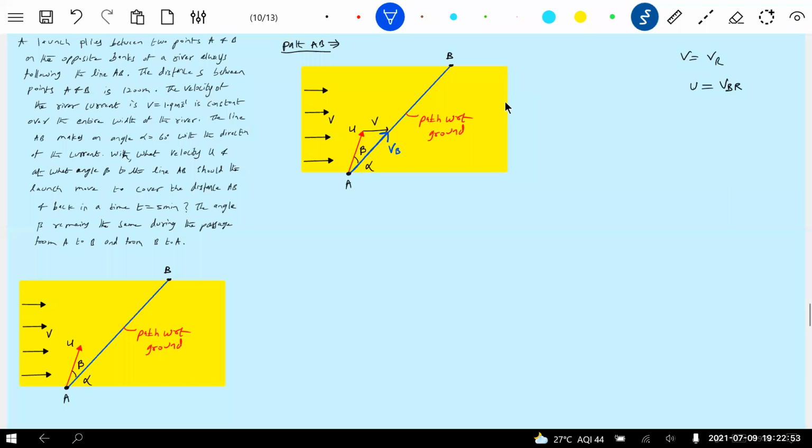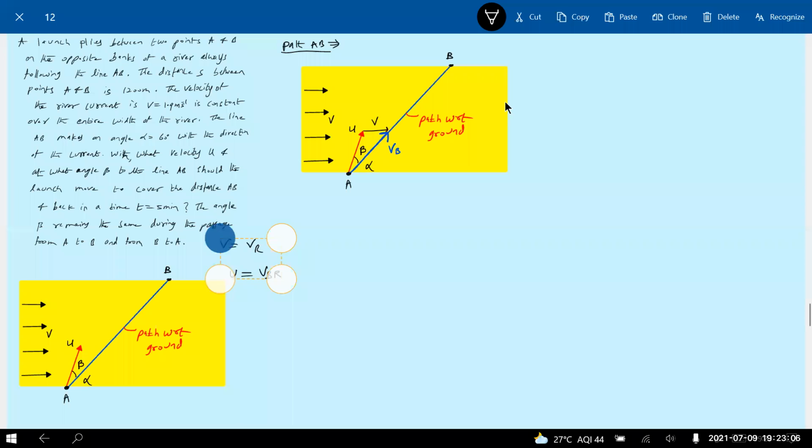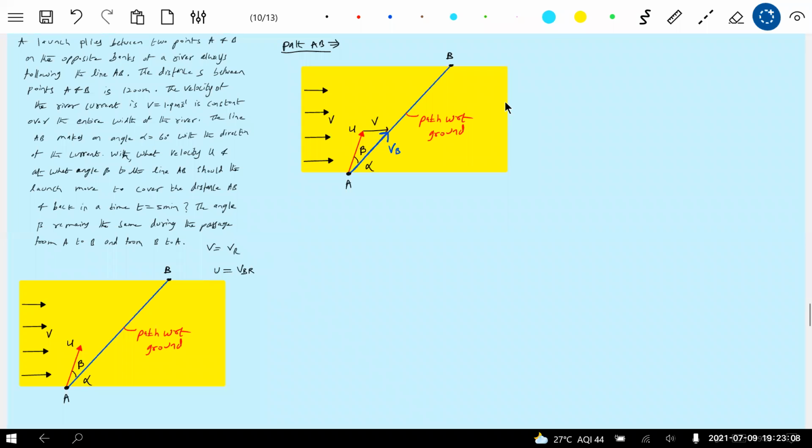How to manage this? Throughout the problem, we'll use this convention, these symbols. For our convenience, we have brought it. Okay, now the same thing.